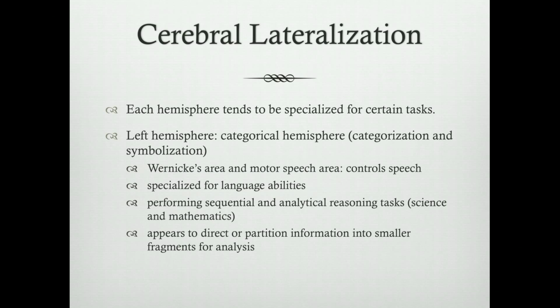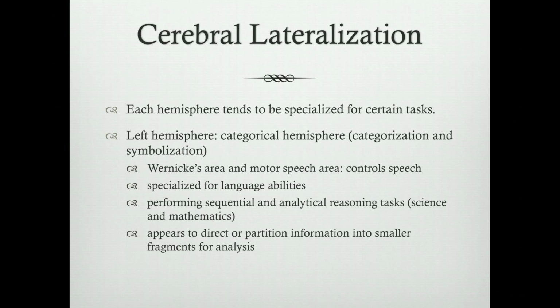Nobody is right-brained. We are globally brained. This is a whole brain function, but some of us might be stronger in certain areas, weaker in certain areas for obvious reasons. Each hemisphere is specialized for certain tasks, and so that correlates really nicely with the idea of somebody being left-brained or right-brained. But again, you can't be one of the two.